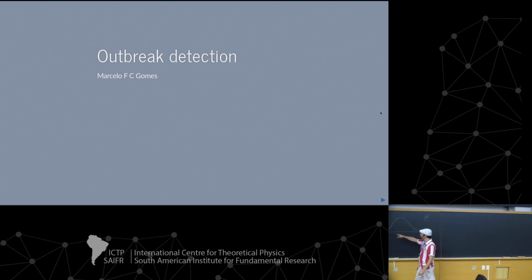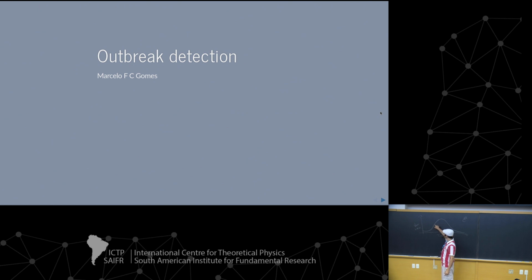So we can try to fit an exponential curve in some window here, and then estimate the parameter associated with that, and in some way try to establish whether we have sustained transmission or not.